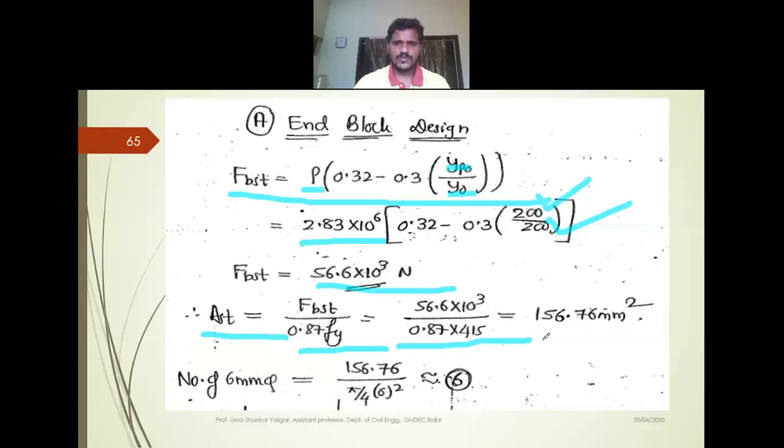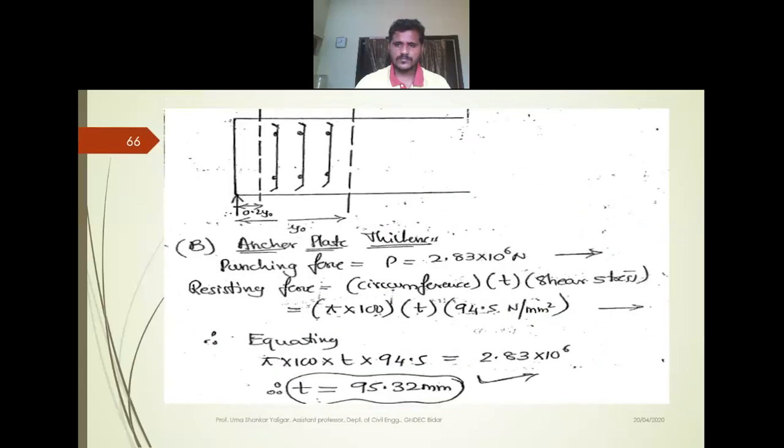If you substitute these values, you will get the area of steel as 156.76 mm square. If you assume 6 mm diameter bars, total area divided by area of one bar, you will get a total of 6 bars or 6 links. These are the links from 0.1 y naught up to y naught.